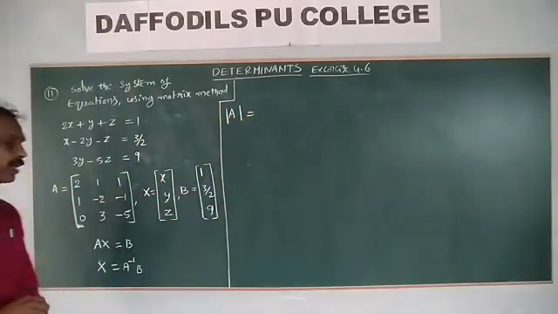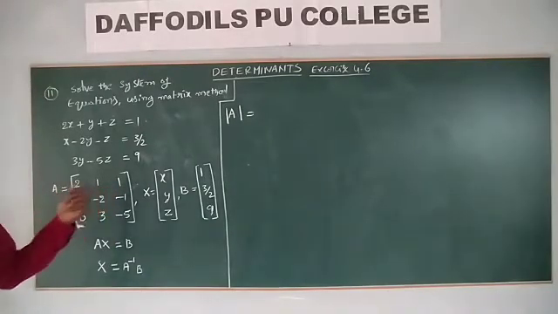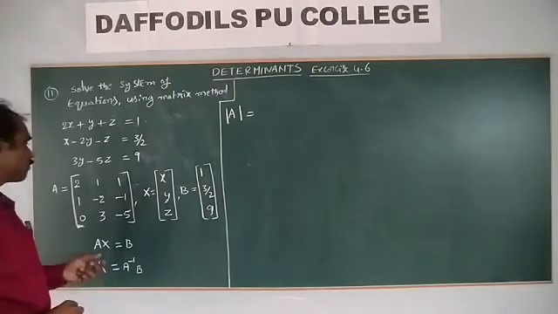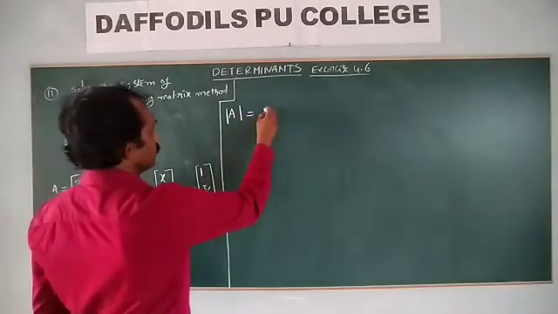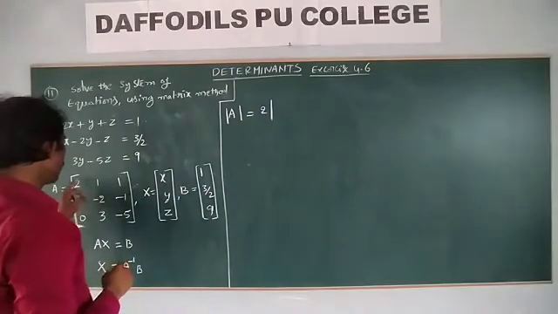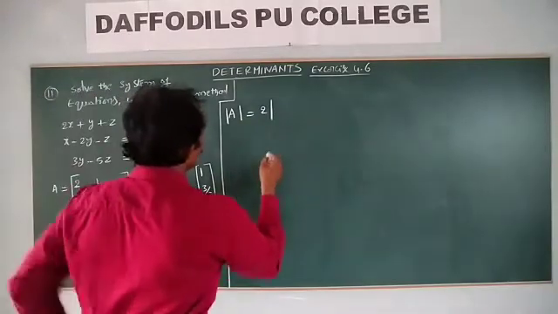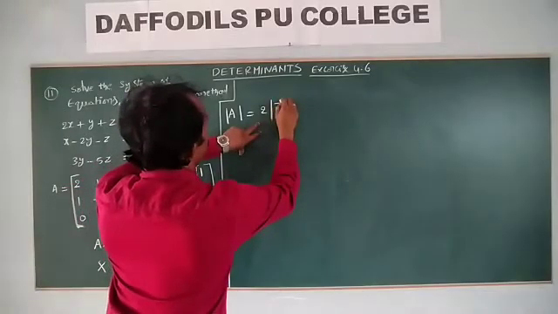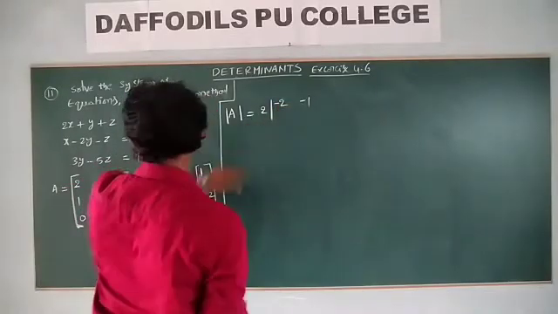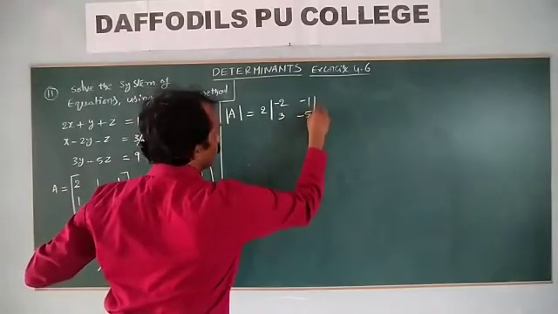Determinant of A: take the determinant along R1. That is 2 times the minor after deleting this row and this column, which is minus 2, minus 1, 3, minus 1.